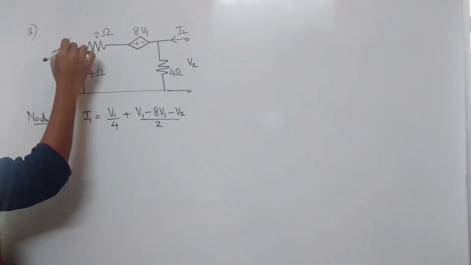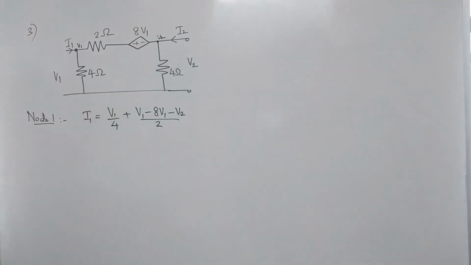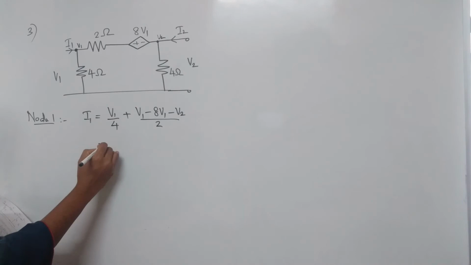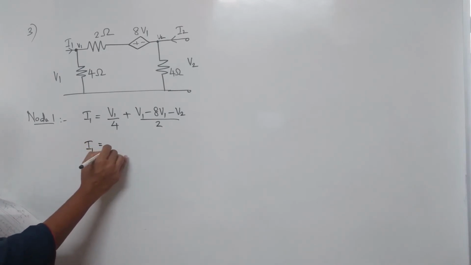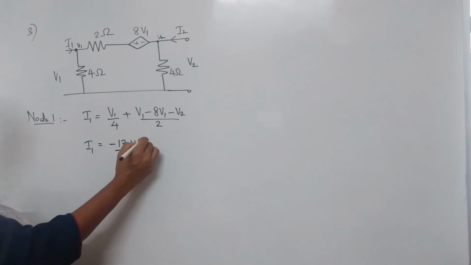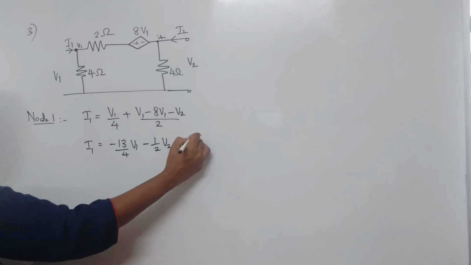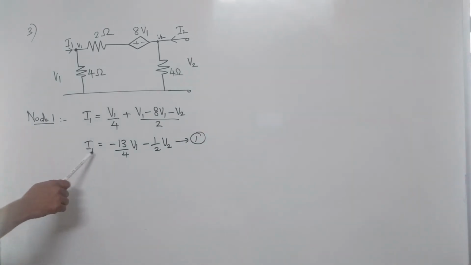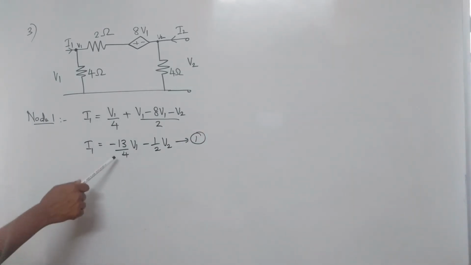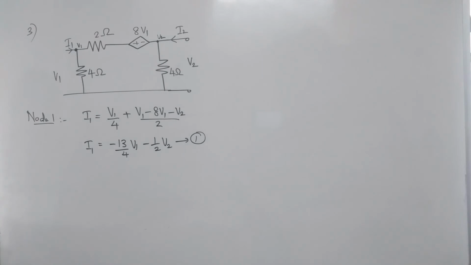Now this voltage is V1 and this voltage is V2. On simplification we will get I1 is equal to minus 13 by 4 V1 minus 1 by 2 V2. This is in standard form, I1 expressed in V1 and V2. So Y11 is minus 13 by 4 and Y12 is minus 1 by 2.